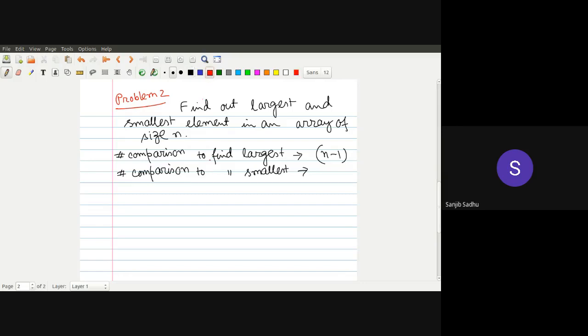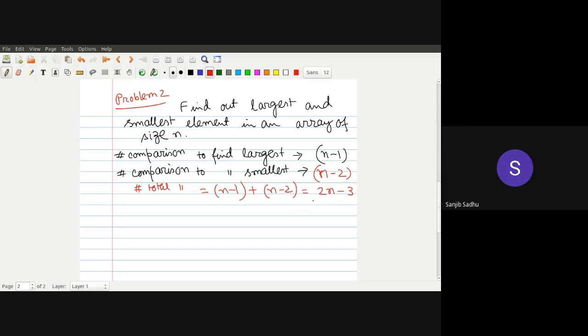So the number of comparisons to find out the smallest will be n minus 2. Am I clear? Yes, sir. Very simple. So total number of comparisons is n minus 1 plus n minus 2, which equals 2n minus 3.